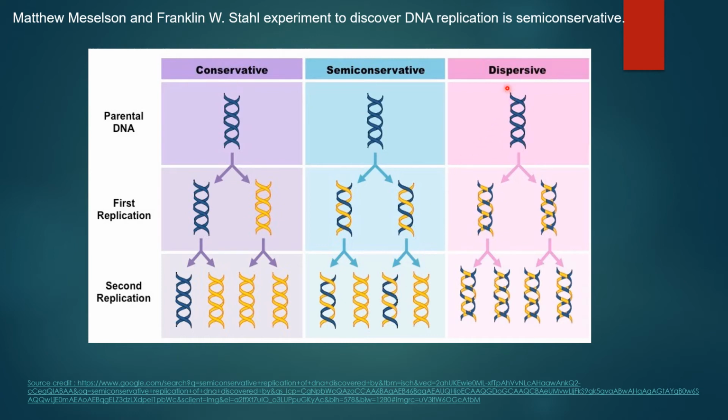Then if we consider the dispersive type of replication, it shows that both the strands would get dispersed, and some portion of the strand would be from the older strand and some newly formed strand would get added. So this would be a type of dispersive replication.